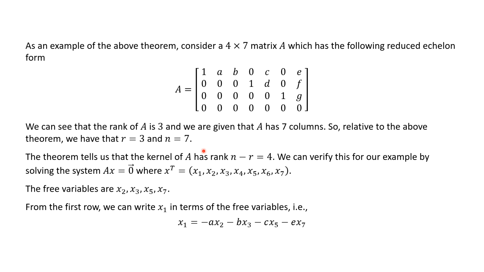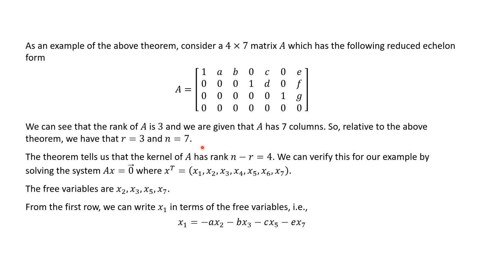And what we want to verify is that the dimension of the kernel or null space of AX equals 0 is 4, since n minus R is 4. This is the part of the proof of the theorem that was maybe a little bit hard to see, and hopefully this will help you visualize that. So we take the system AX equals 0.